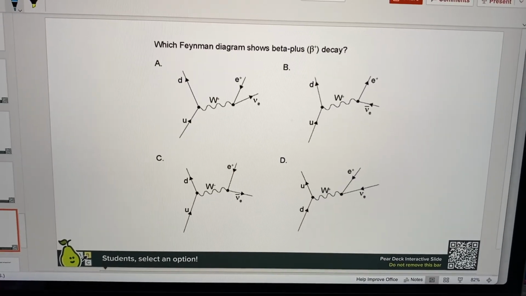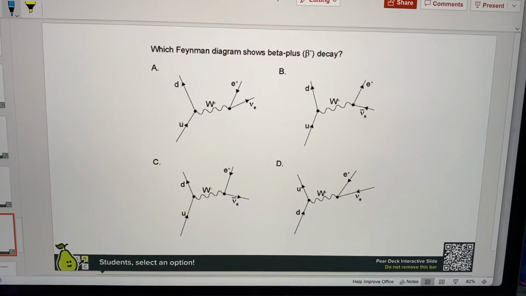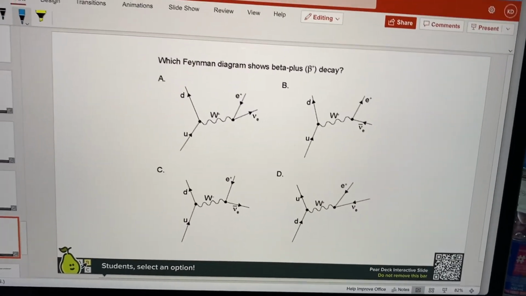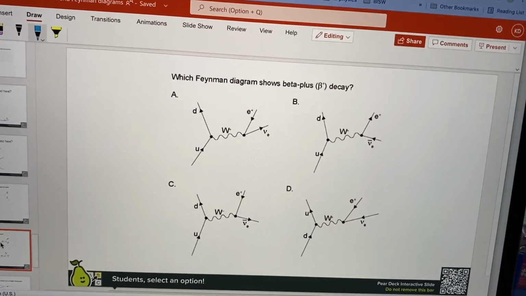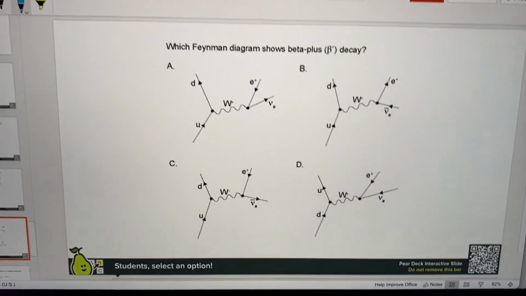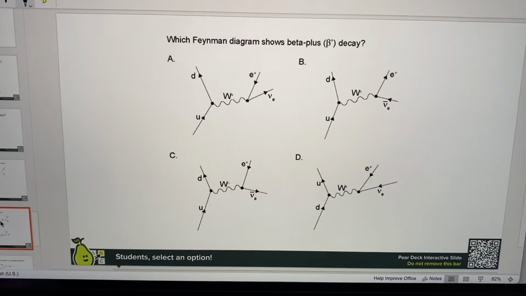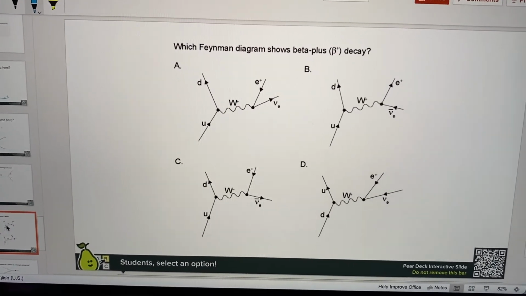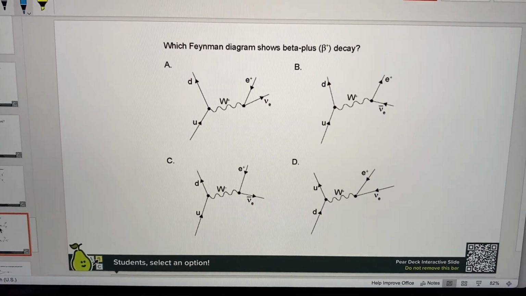We've looked at beta minus decay, but what we need to have a look at now is beta plus decay. Instead of having a down converting to an up, we have to have an up converting to a down in beta plus decay. Time in this case is on the y-axis.